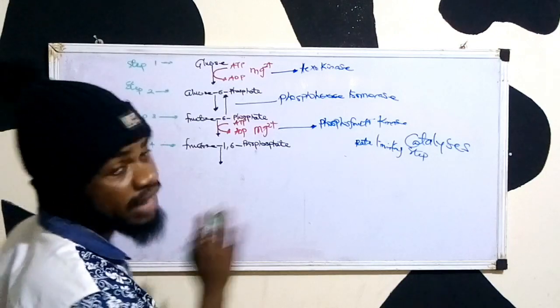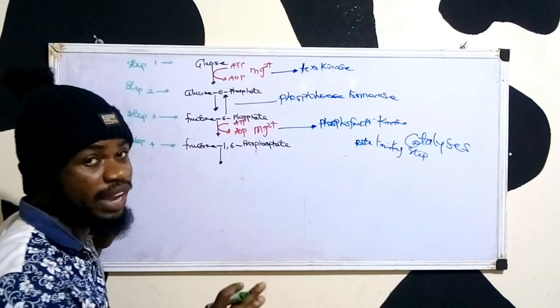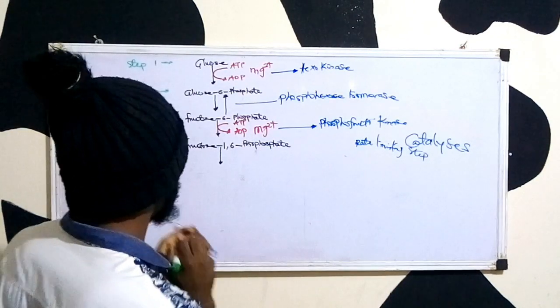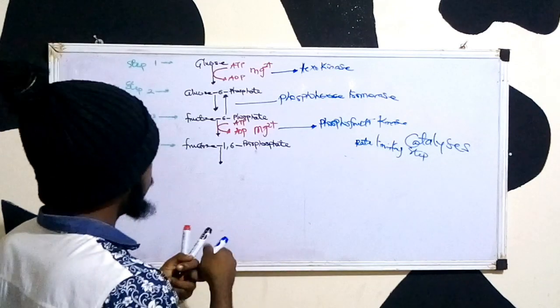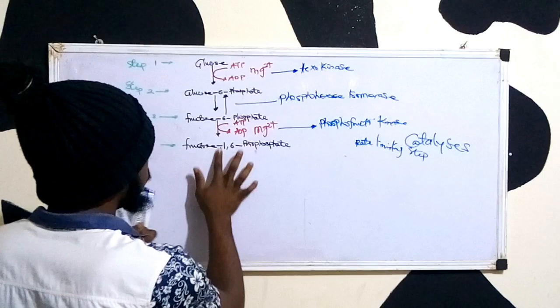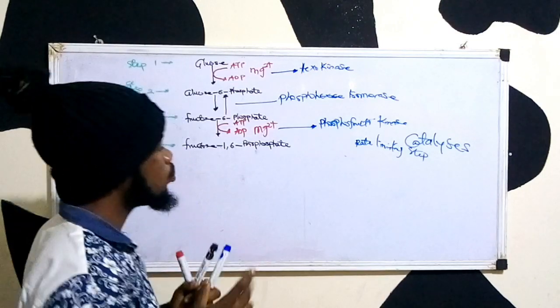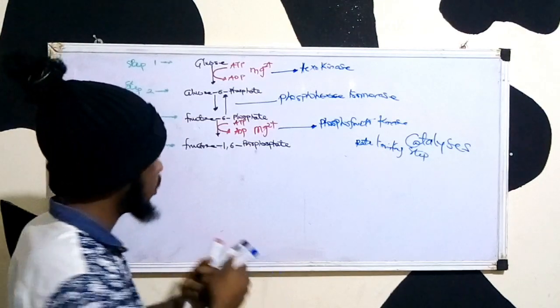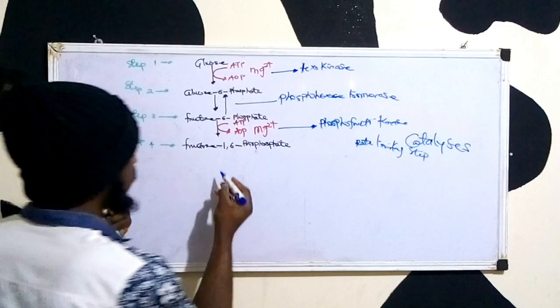Like I said, I have a mnemonic for all of this. So this gets converted to a two three-carbon molecules. This is what happens in this step.